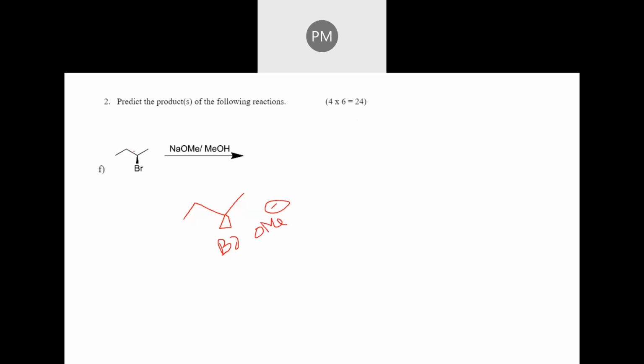If the bromide is liberated, there will be a plus here. So if bromide is liberated, what will be the case? Will it favor SN1 or not? So I will find out: if bromide is liberated from here, the positive will be here.